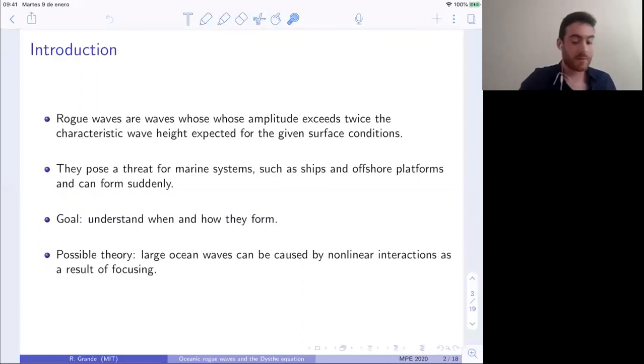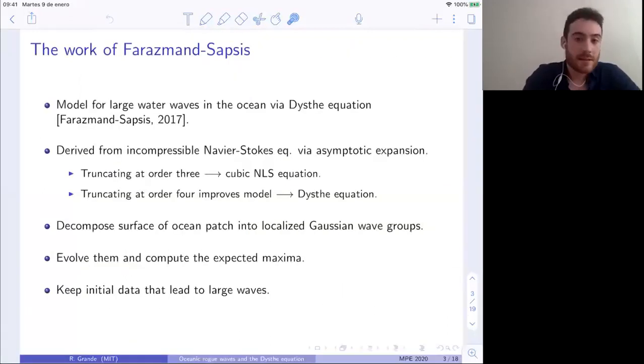This is based on the work of Farazmand and Sapsis, who in 2017 proposed a model for these waves based on an equation called the Dysthe equation. As I said, I'm not sure I'm pronouncing this right, but it is in honor of a Norwegian mathematician that you can easily find online. This equation is derived from the Navier-Stokes equation, and at some stage, we do not use a full dispersion relation.